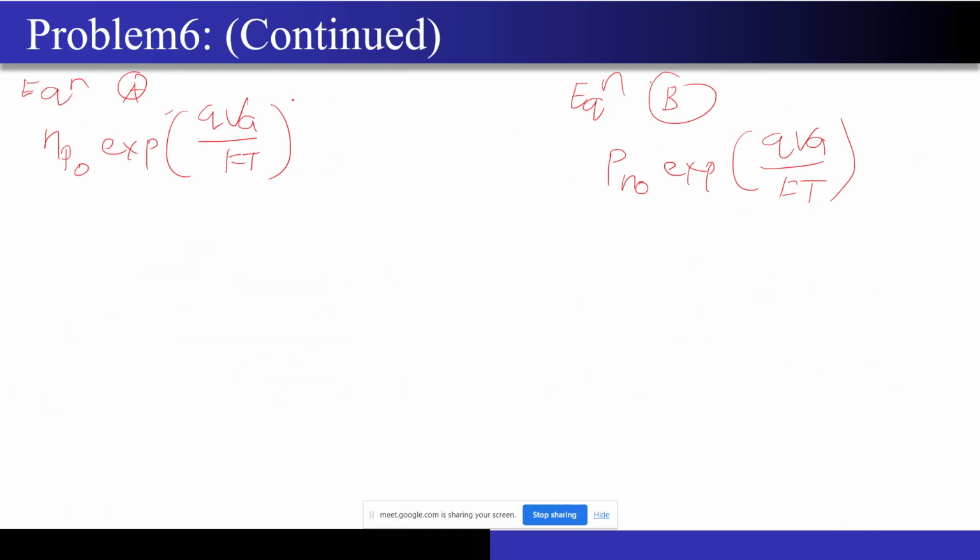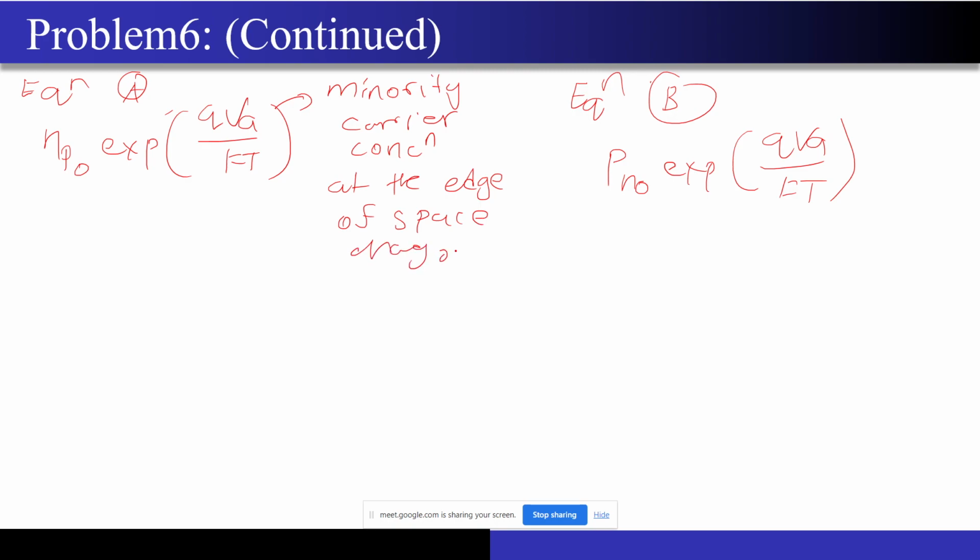Let me write it: minority carrier concentration at the edge of the space charge region on the p side, and similarly this is for the n side. This is clear now.